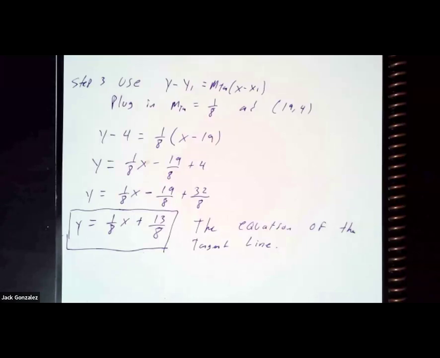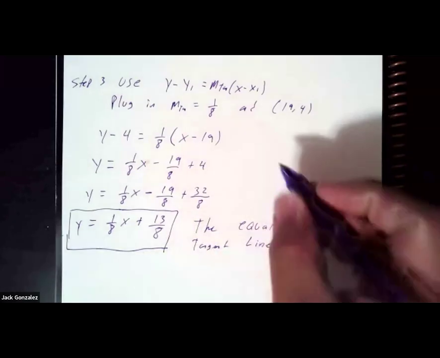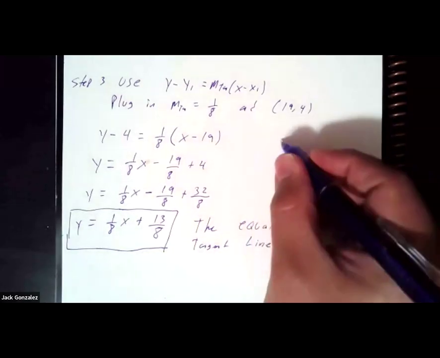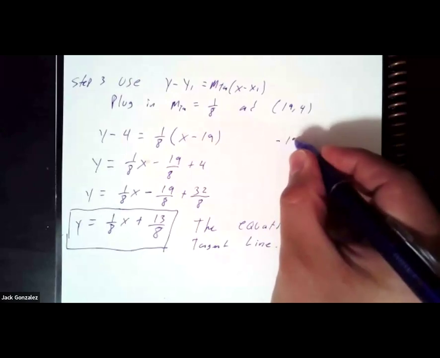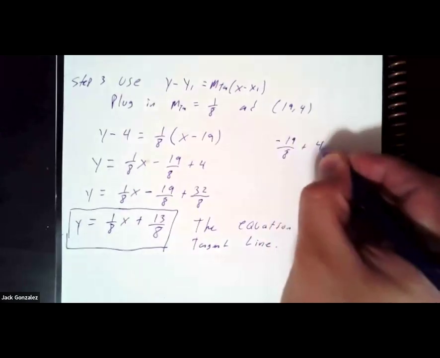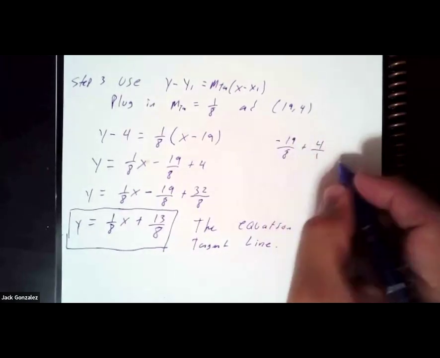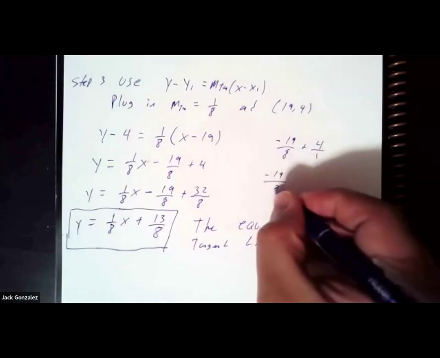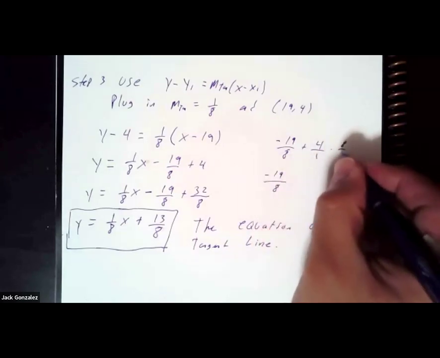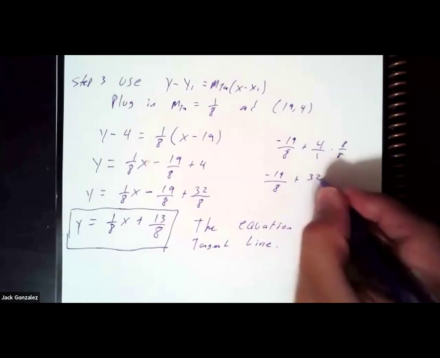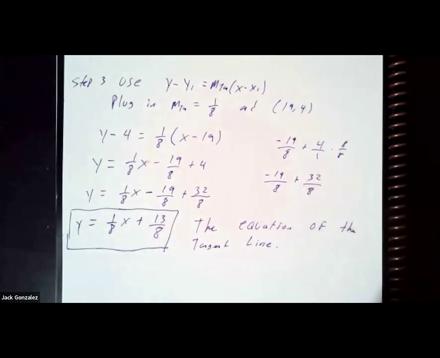Can you remind me how we got 32 over 8 again? I forgot how to do that. Sure. So if you're adding these guys, and it's over 1, you have to multiply by 8, so 8 over 8, right?